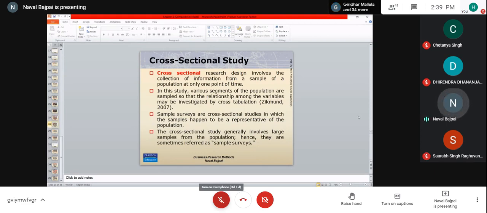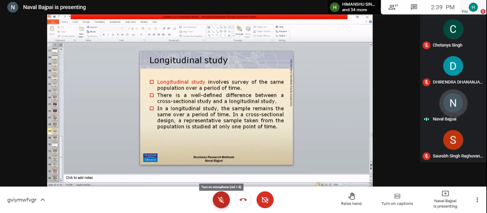Now, these are the 2 parts of cross-sectional design. Cross-sectional is one kind of study where only 1 sample is considered, and longitudinal study is different from this, where 2 samples in 2 time frames are considered. This is a pre and post kind of study, pre-privatization, post-privatization.